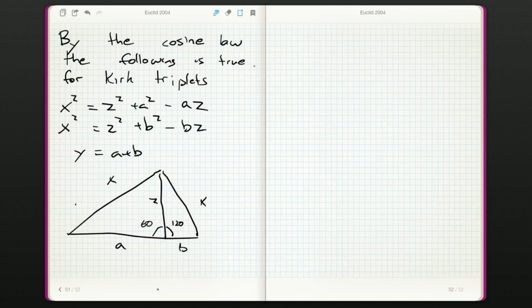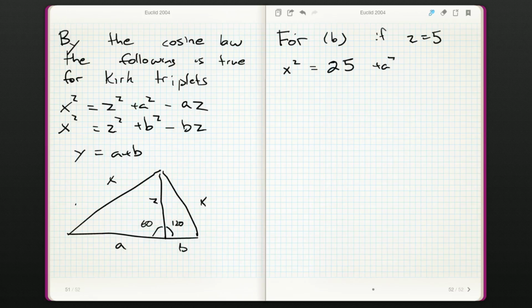Okay. So focusing on the task at hand. For B, if z is equal to 5, we get x squared is 25 plus a squared minus 5a. X squared is 25 plus b squared minus 5b.